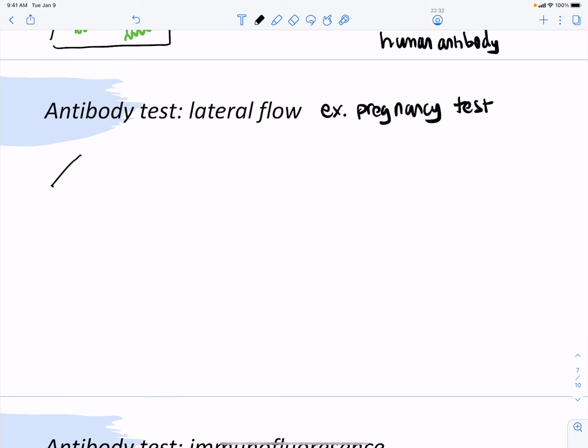This is what it is. So you bind, for example, on the surface of the slide, antibodies for human chorionic gonadotropin hormone.